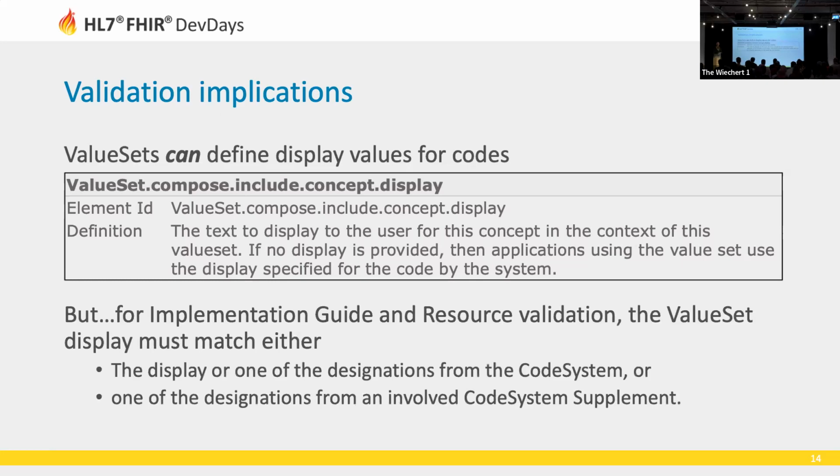So that's a mechanism that exists, but for implementation guides or resources to validate correctly, that display out of that value set really should match one of the designations from the code system or from the supplement. We're not saying that you can just add whatever random text you want. It's got to be somehow referenced back to the code system or the supplement.